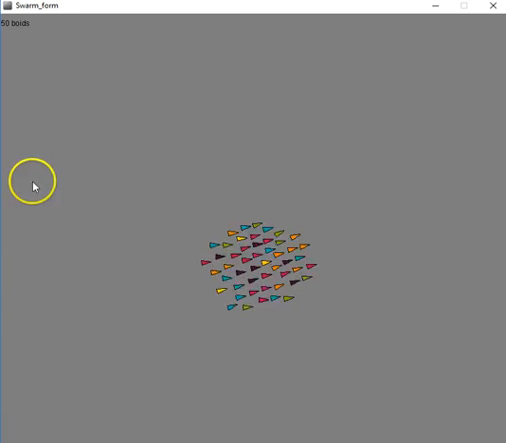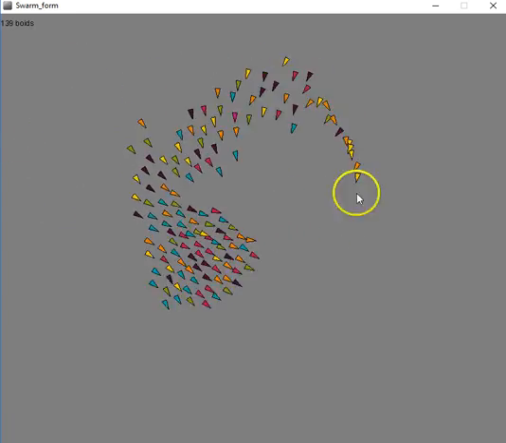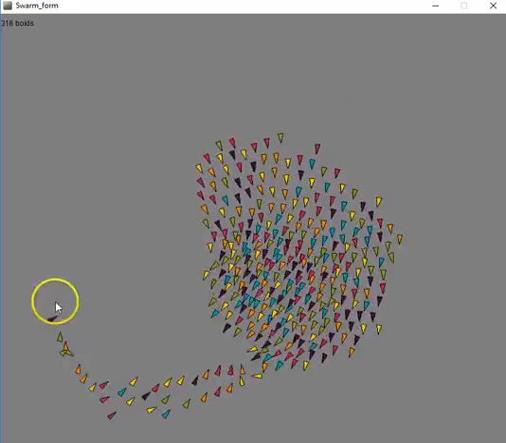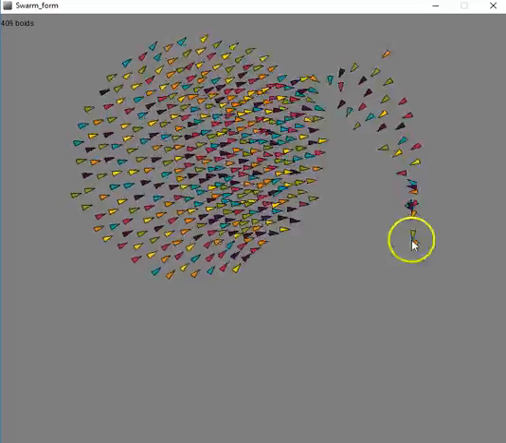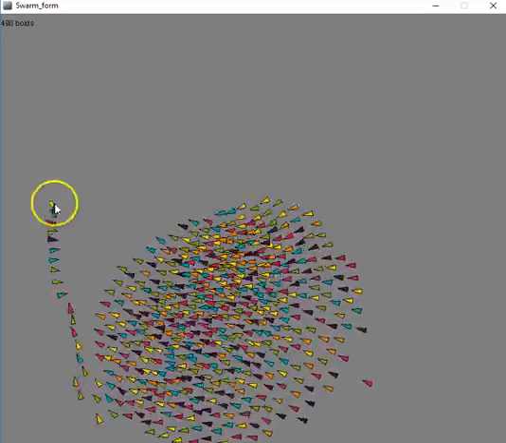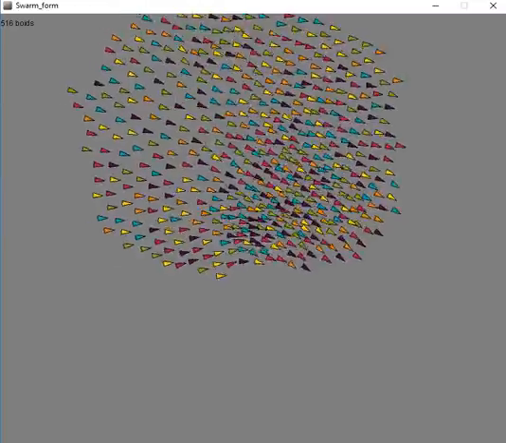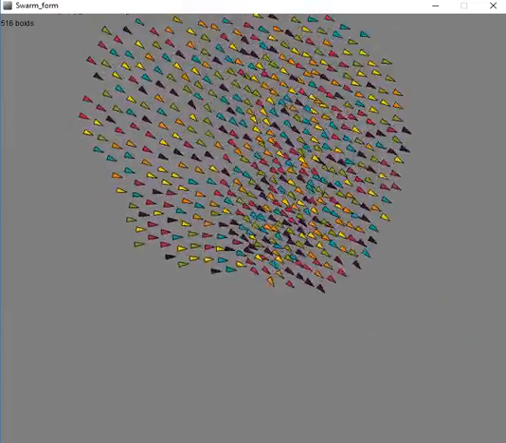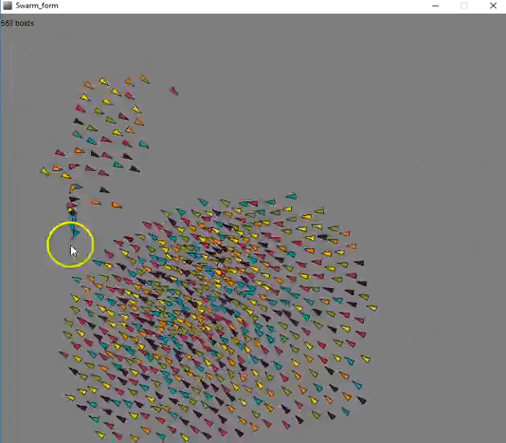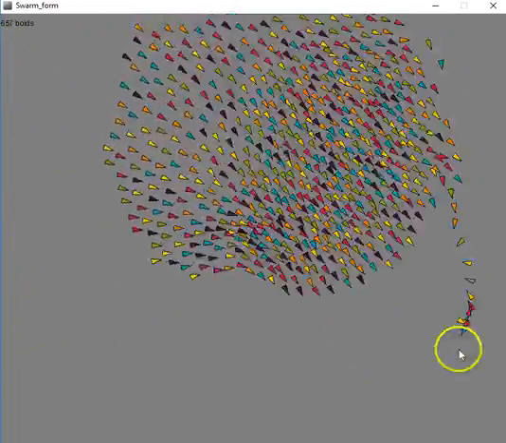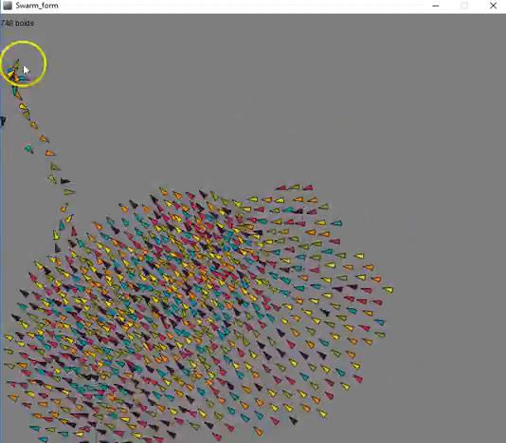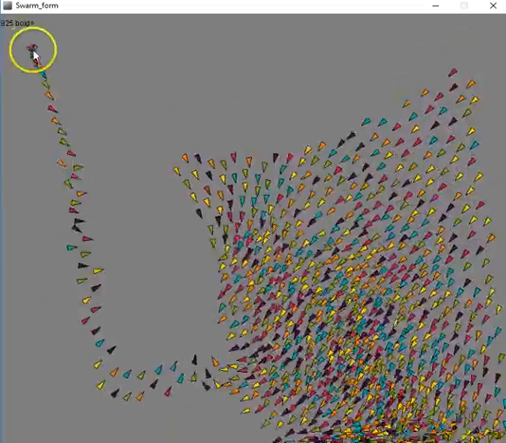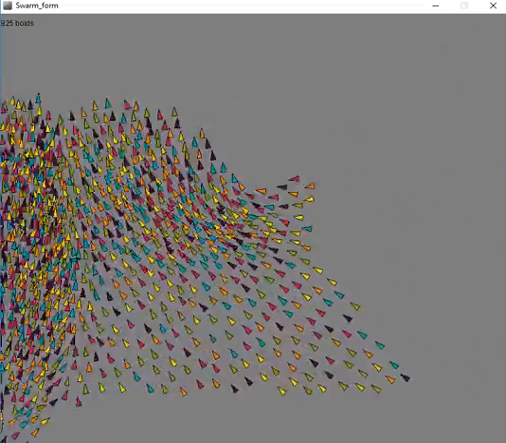Let's add a few and see what happens. So we're going to add quite a few actually. I like to add them away from the swarm and let them find it, because they're programmed to swim toward the center of the mass, so they will find that.